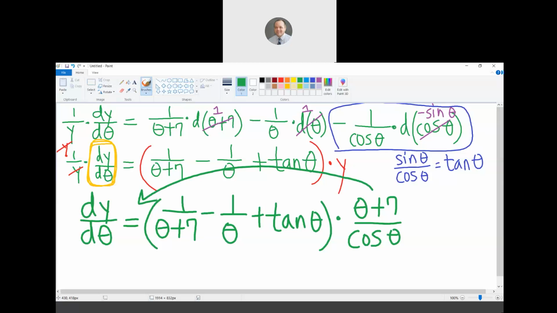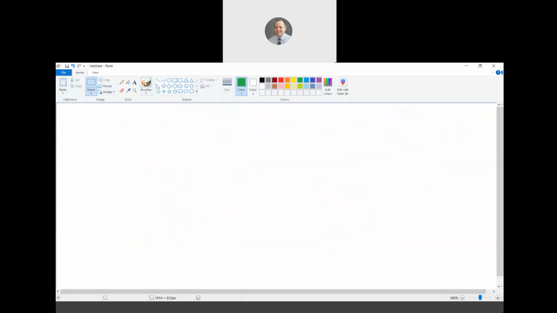Let's look at one more example in which you have to use logarithmic differentiation. Given the function y equal to x raised to the 7x plus 8 power, find the derivative, use logarithmic differentiation to find the derivative of y with respect to x.